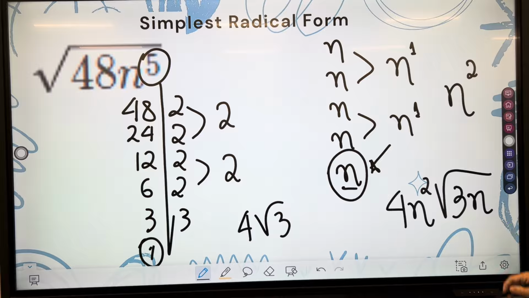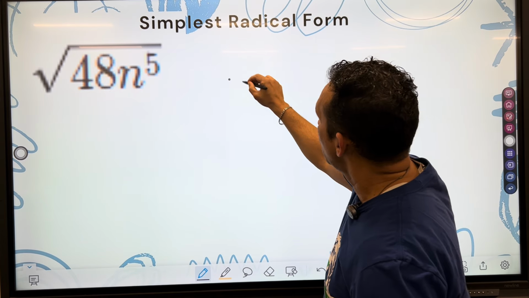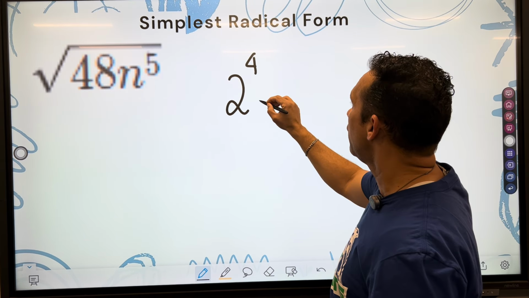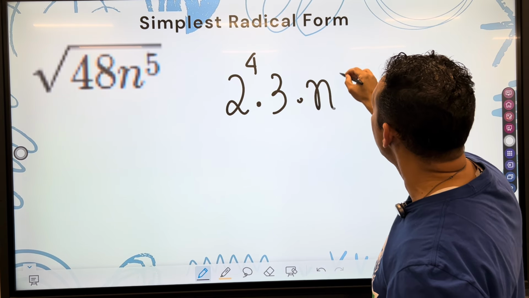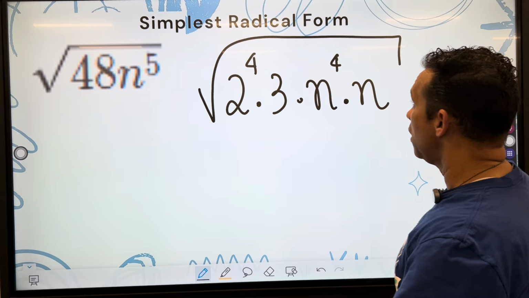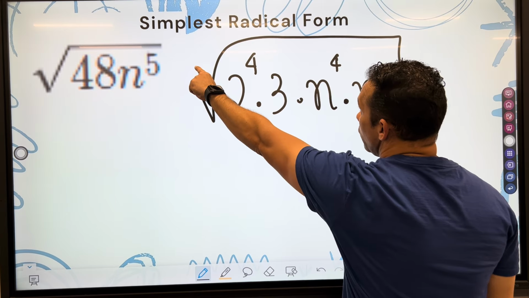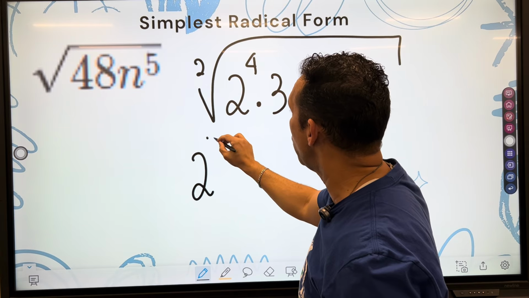Another way is we can just do this. 48 is 2 to the power 4 times 3, times n to the power 4 times n. I'm breaking the n. That's just the other way. This guy can go out. We divide 4 divided by the hidden 2, so that will be 2 to the power 2.